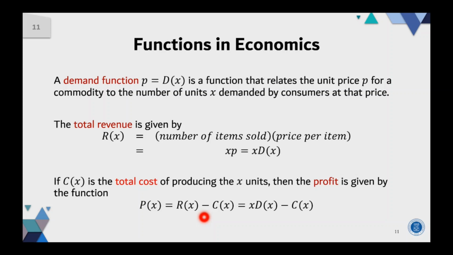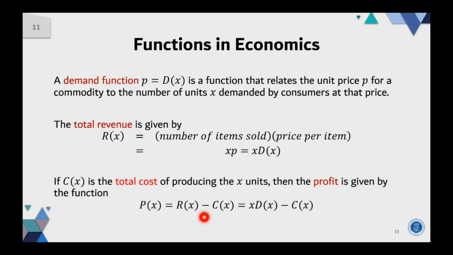Just by multiplying the number of items being sold or being demanded times the price. Okay, so now the last function is total cost, usually denoted by C(x).